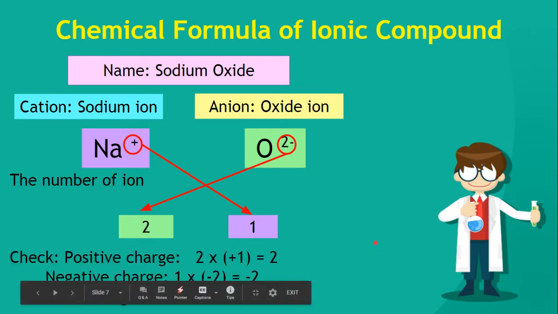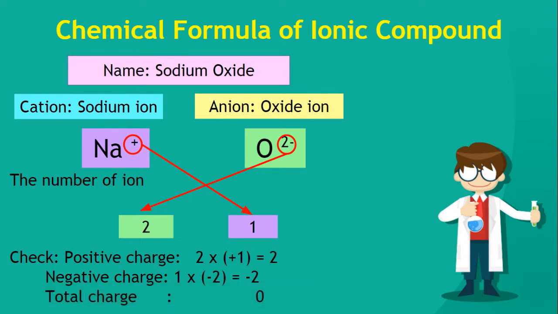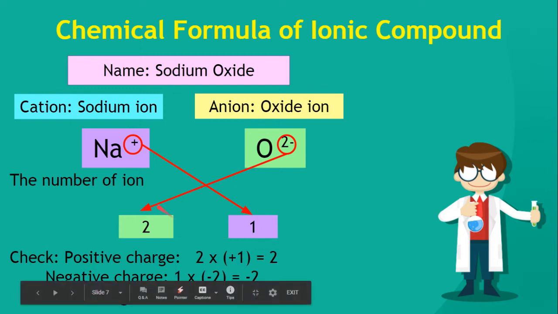So we check the charge again. For the positive charge, 2 is the number of ions here, times positive 1, the charge of the sodium ion, so we get a total positive charge of 2. Then for the negative charge, the number of ions is 1, times negative 2, the charge, so we get a total of negative 2.